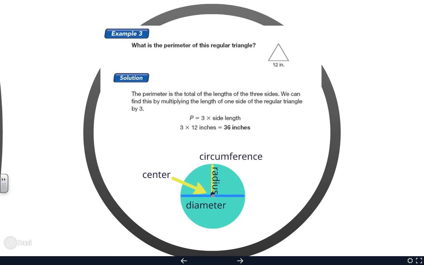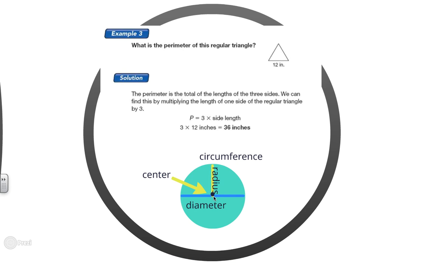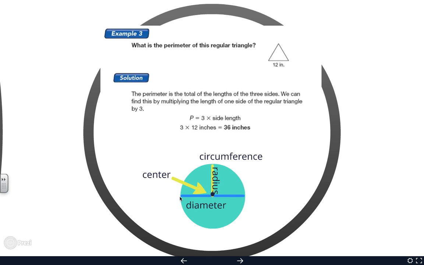This black dot in the middle is the center of a circle. Then from one side of the circle to the other side, going through the center of the circle, that's called your diameter. And then from the center all the way to the side is your radius.